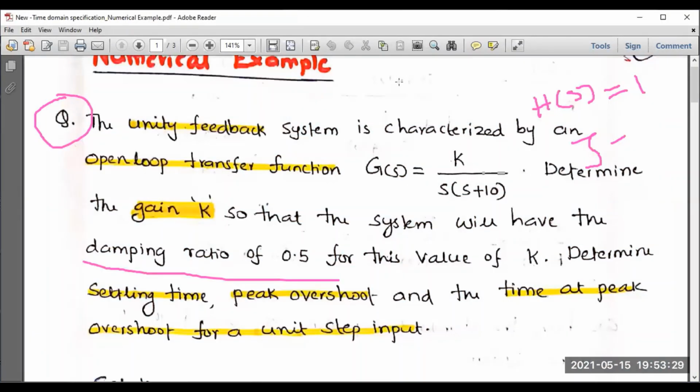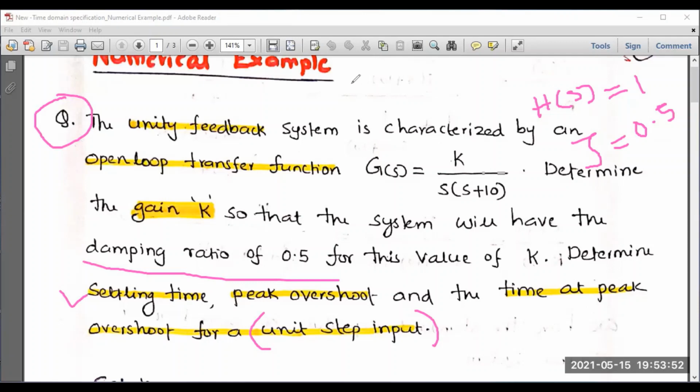That means zeta is less than 1, so it is an underdamped system. You also have to calculate other time domain specifications such as settling time, peak overshoot, and the peak time, for a unit step input.